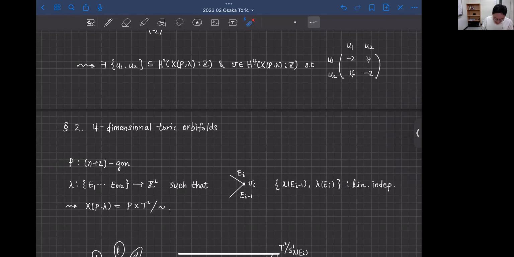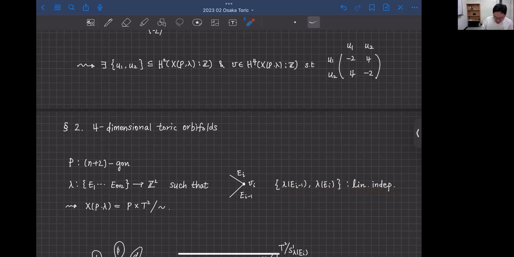I want to begin with my characteristic pair, a polygon, an (n+2)-gon, and the characteristic function lambda from the set of facets, in this case edges e1, ..., e(n+2), to the two-dimensional lattice, such that whenever you have a vertex and the intersecting edges e(i-1) and e(i), the corresponding characteristic vectors lambda of e(i-1) and lambda of e(i) must be linearly independent.